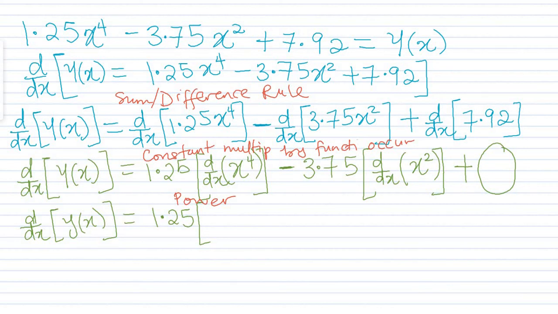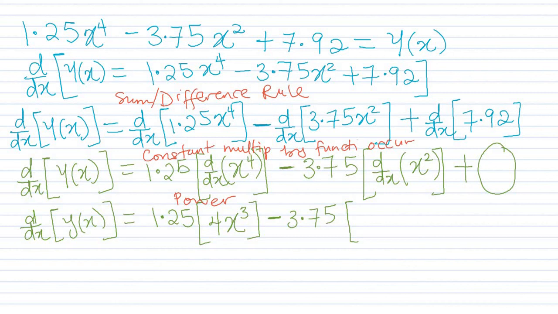So we end up with 1.25, and now we apply the power rule. We bring down the power of x to the 4th, so that's 4, and make that the coefficient of x, and then we decrease the power that we've brought down by 1. So 4 minus 1 will give you 3, so 4x cubed minus 3.75, and we do the same power rule here.